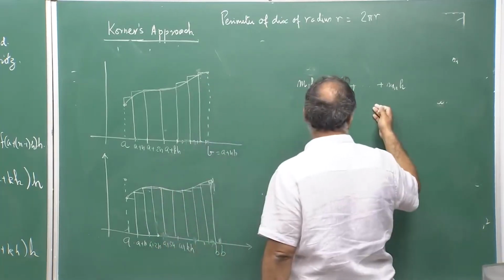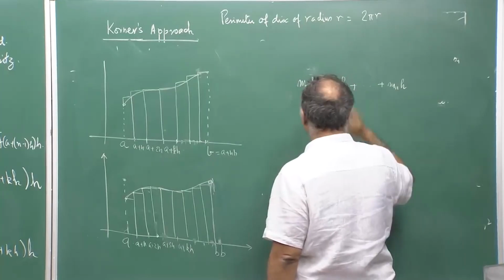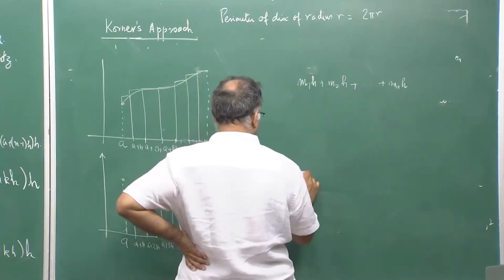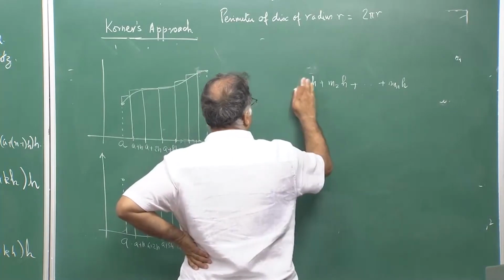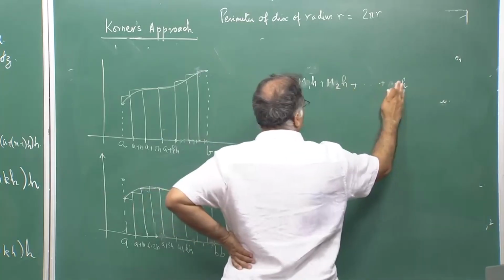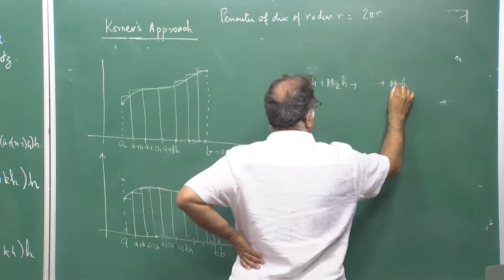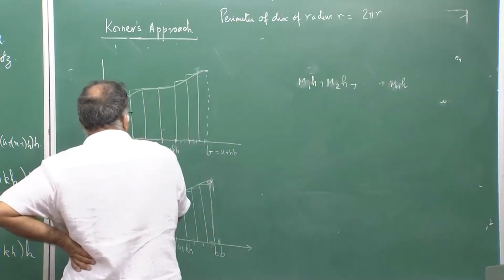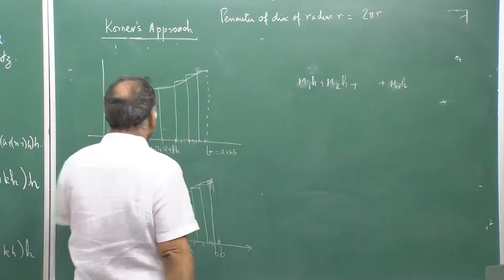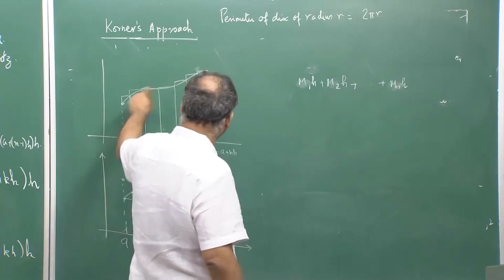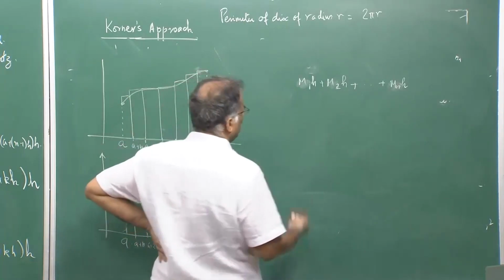What is this ultimately, these rectangles? Let me write capital M1, capital M2 and capital Mn. These are the maximum values over these intervals, and these are closed intervals over which the function is continuous, and hence they will have maximum values, which is obvious.